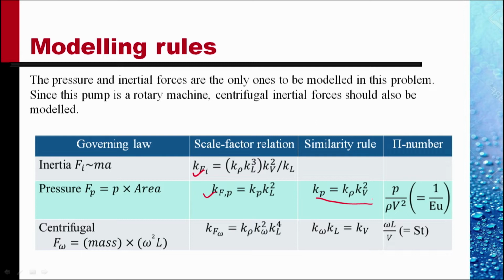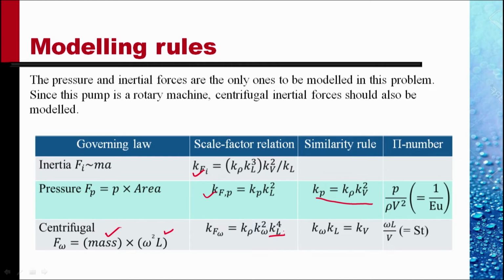The centrifugal force F omega is mass times omega square r, the radius, that's a length. And so the scale factor for the centrifugal force is K rho Km omega square into KL raised to power 4. 3 L's from mass and 1 L here. So KL raised to power 4.